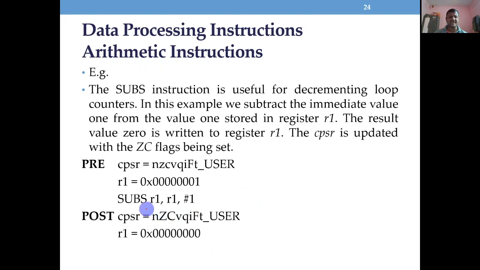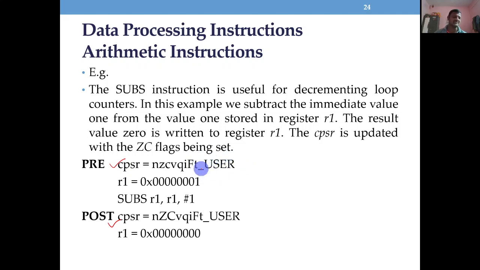Then subtract with the suffix S, if you want to update the CPSR. Now the CPSR is included here. You can observe that an uppercase letter indicates logic 1 and lowercase indicates logic 0, and it is in user mode. The flags are negative, zero, carry, overflow, then saturation, interrupt, fast interrupt, Thumb, and the different processor modes.